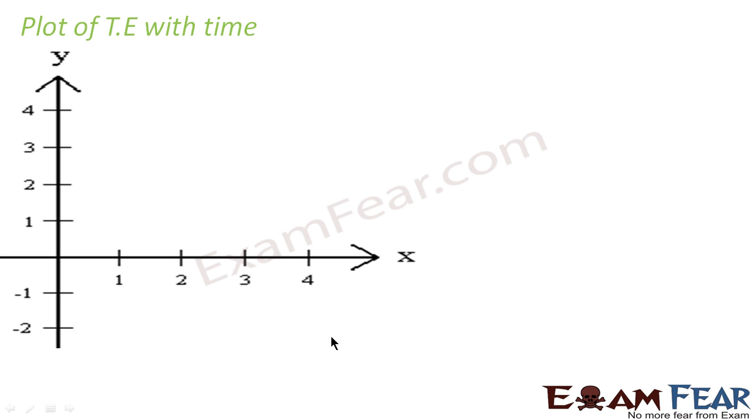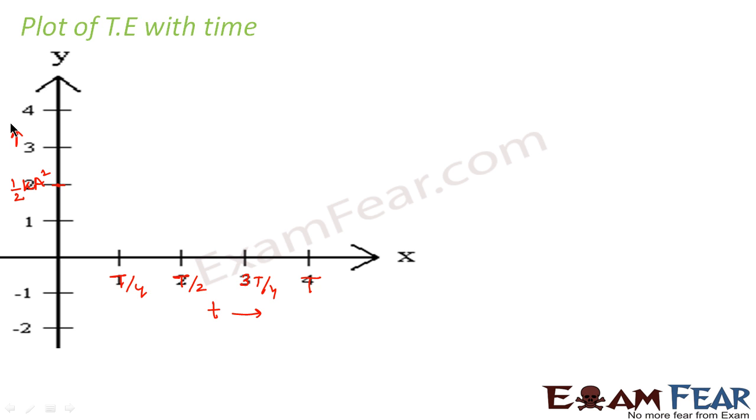Now let us plot the graph of total energy with time. The graph will very clearly show that the total energy is not changing with time. So how do we plot the total energy with time? In fact, there is no need of calculating. Let us suppose, as always, we take time along the x-axis. This is T by 4, this is T by 2, this is 3T by 4, and this is T. Similarly, let us say that this value represents half k a squared.